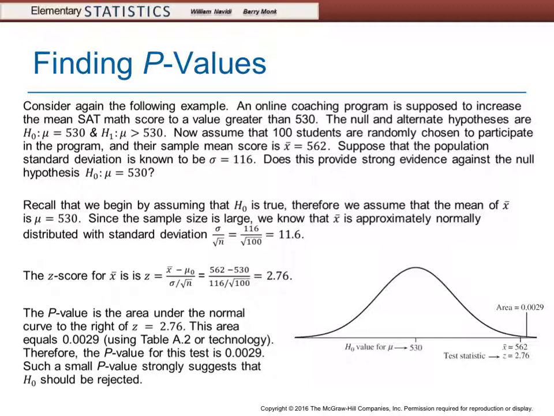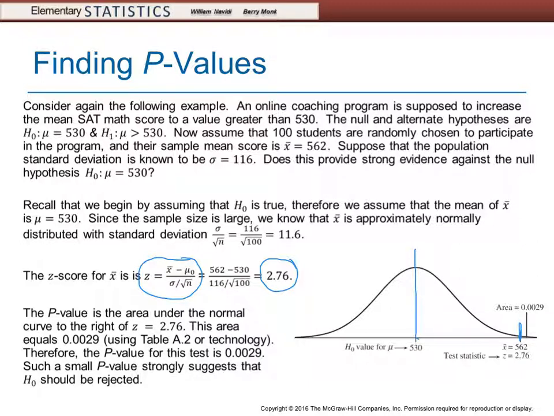The z-score for x bar is z equals x bar minus mu naught divided by the standard error. And when we do the calculation, we get 2.76. So that's telling me we are 2.76 standard deviations away from the mean value.